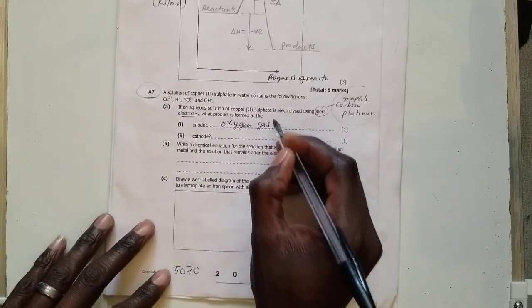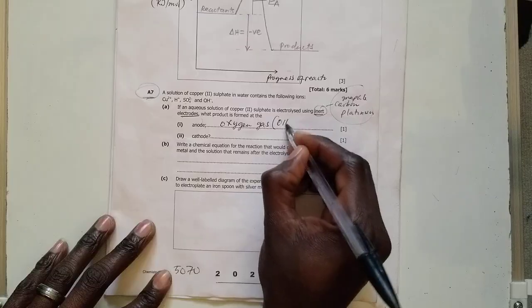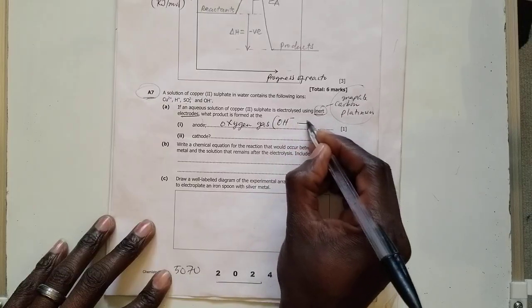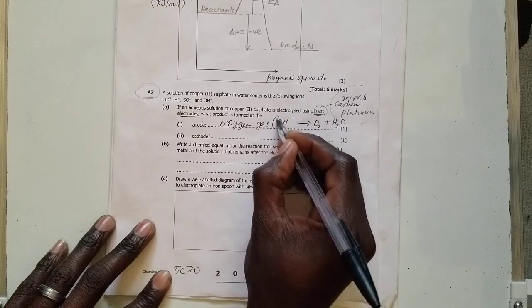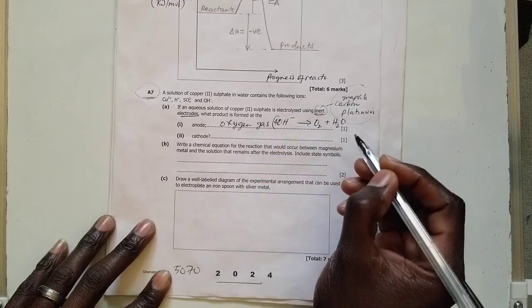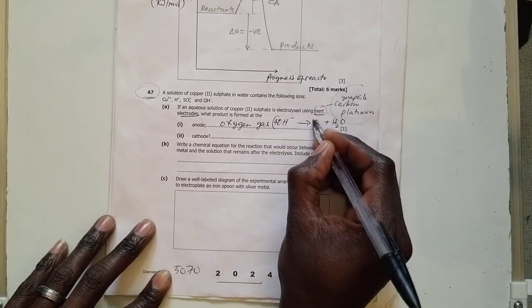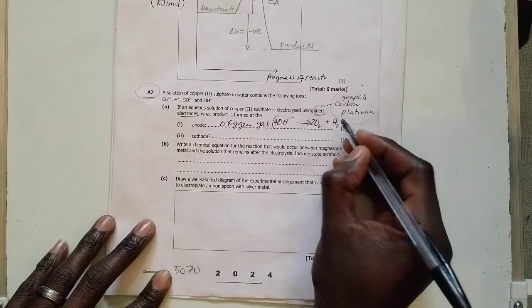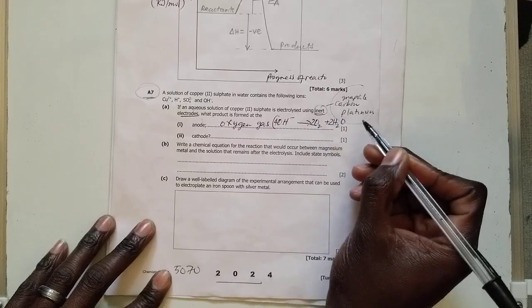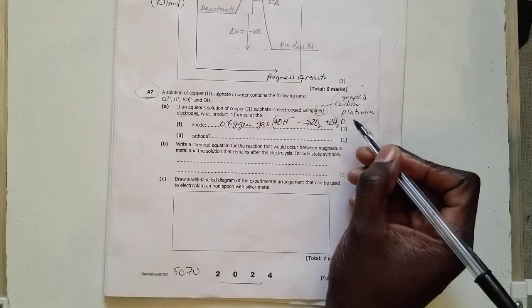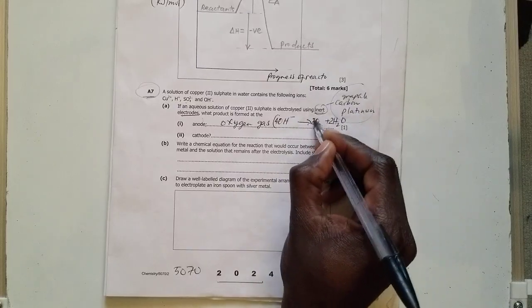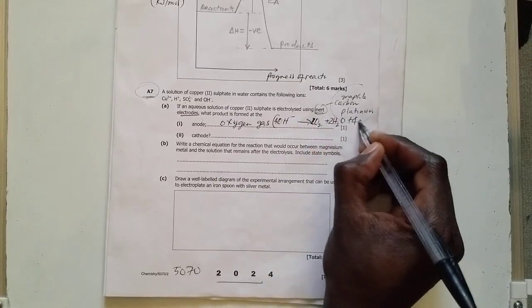So the reason why we are saying oxygen gas, because hydroxide ions produce oxygen and H2O, and if you balance that, you are going to see that's 2 plus 2, so plus 4 electrons.